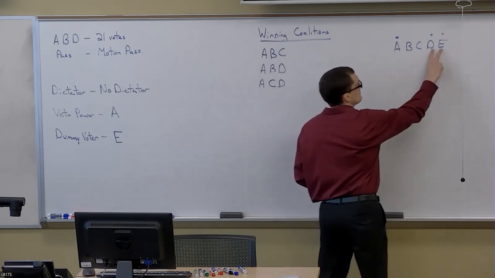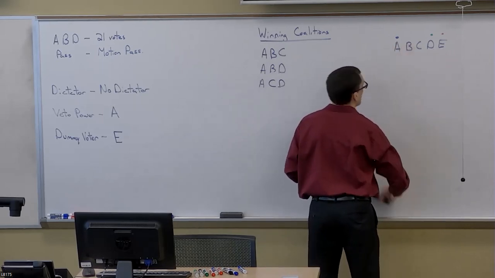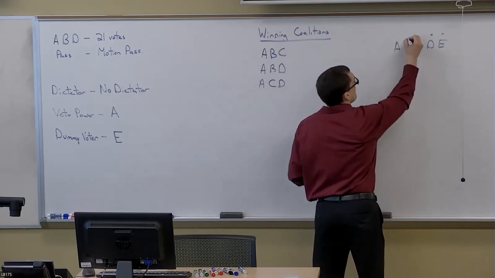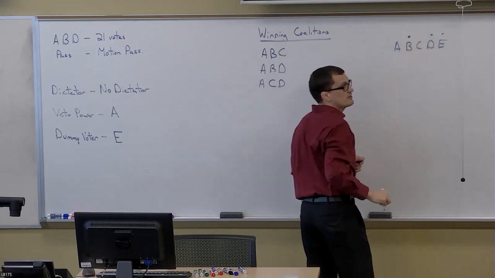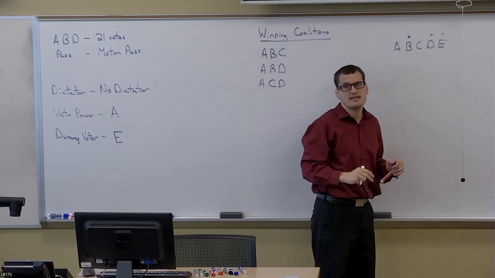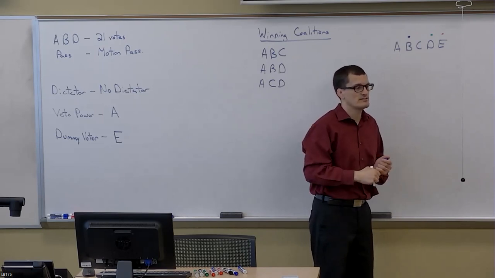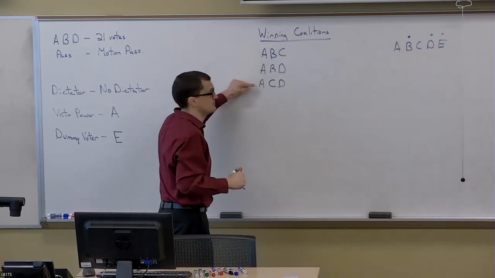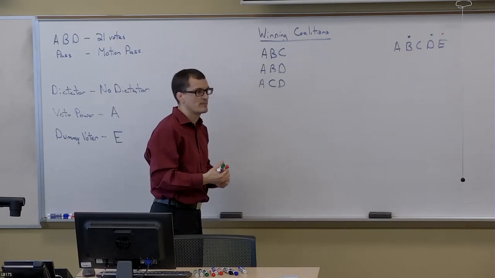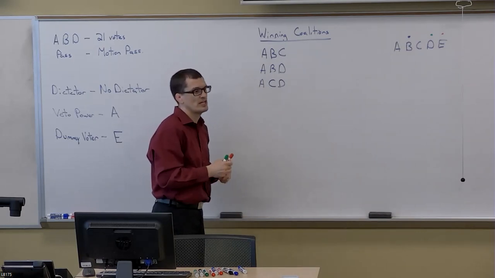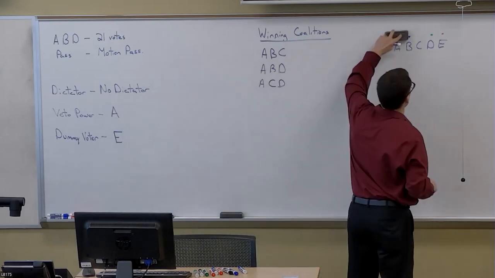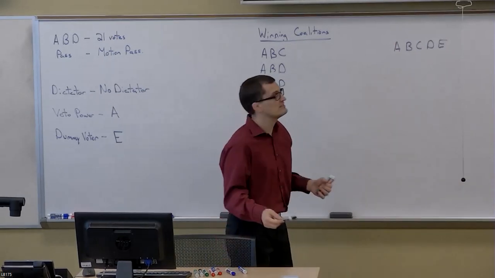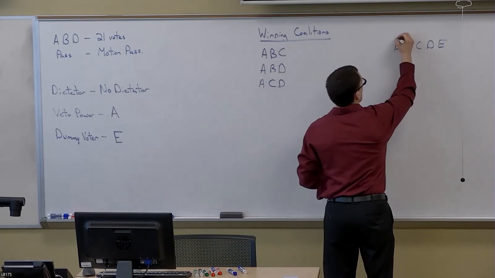And now that both of these 2 dots are at the end, I can move the blue one over. And that means I'm not including A, and we already decided that not including A always fails, right? So these are the only winning coalitions of size 3. Everybody got that? You can check all the other ones if you want to, but we all know that if you don't include A, it's going to fail. And then I say, well, let's check all the coalitions of size 4.